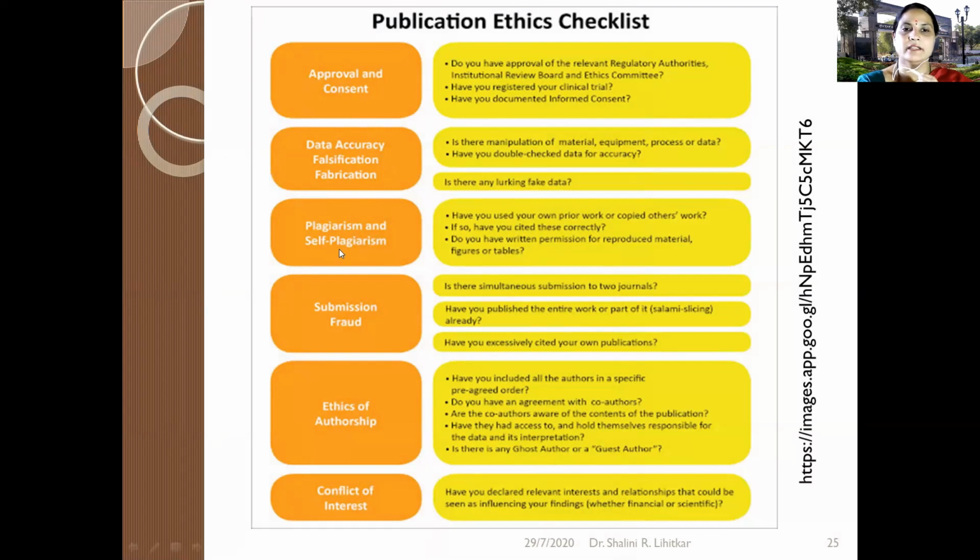We have to also take care about plagiarism and self plagiarism, and the submission fraud. We should not submit the publication in two journals. Then ethics of authorship and ethics of interest we also have to take care of. So before submission of your paper, you have to check it against the publication ethics.